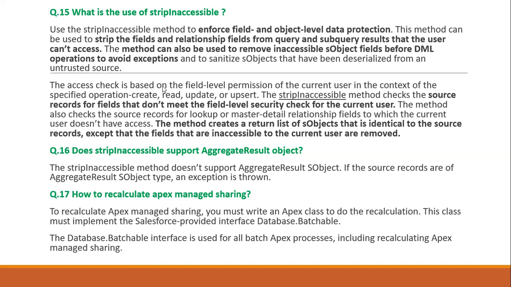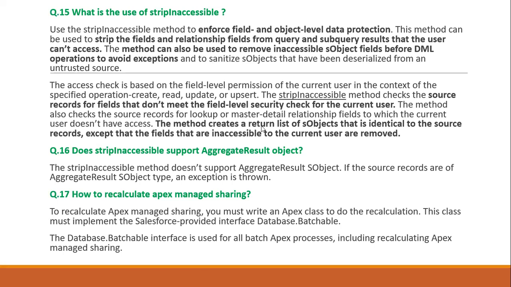The access check is based on the field-level permissions of the current user in the context of the specified operation: create, read, update or upsert. The stripInaccessible method checks the source records for fields that cannot meet the field-level security check for the current user. The method also checks the source records for lookup and master-detail relationship fields to which the current user does not have access.